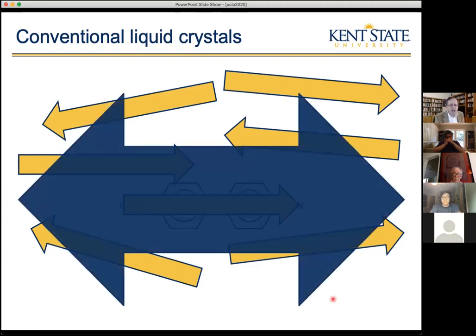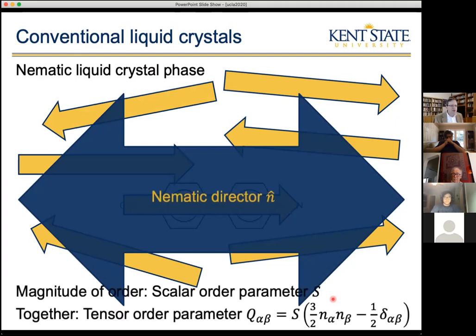And then we can characterize the overall direction of order by this double-headed arrow. So the phase with this type of order goes by the name of the nematic liquid crystal phase. The double-headed arrow is called the nematic director, represented as a unit vector.